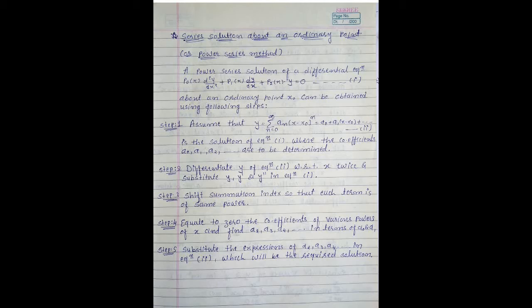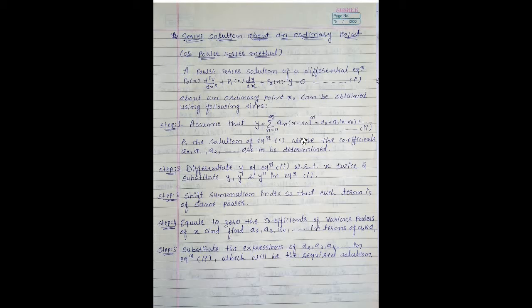In this method, at the beginning, we assume our solution. So in step 1, let us assume that y is equal to the summation, n running from 0 to infinity, of a_n (x minus x0) raised to n, is the solution of equation number 1.